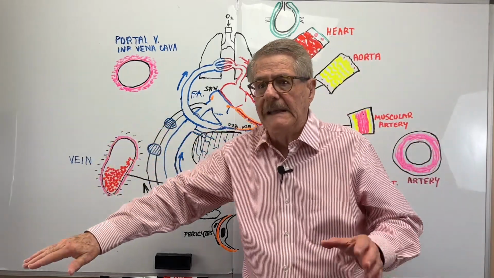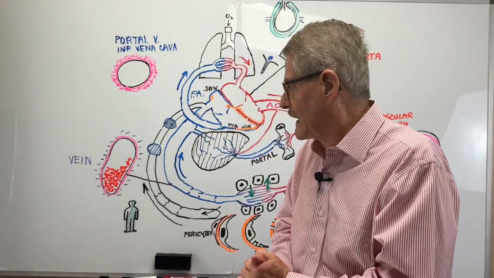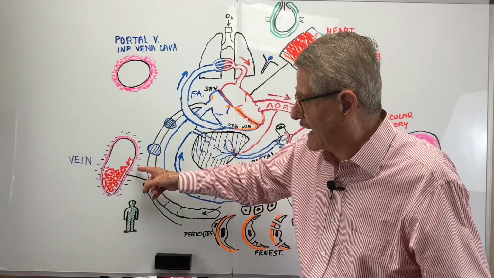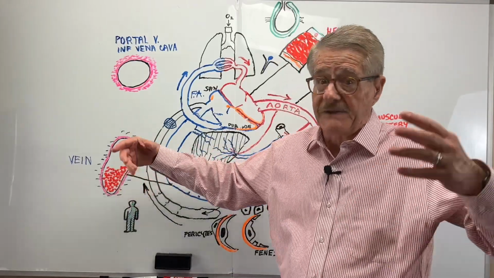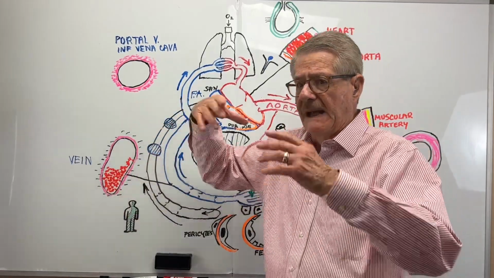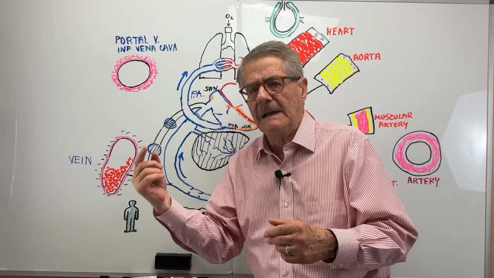When you look at an artery or a vein, usually veins are larger because they have more blood, and they have an ovoid pattern.